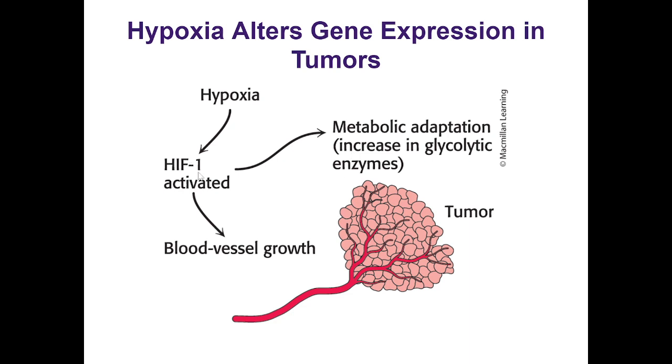This is then going to cause blood vessel growth so that we can have more supply coming in. But also it's going to cause metabolic adaptation. This is going to increase your glycolytic enzyme activities and the amount that you have of them, of course. And this is going to allow your tumor to, one, have more blood vessel growth in the area so you can get more and more nutrients, and two, to activate so that when it's low on oxygen, it can still get energy and make the metabolic pathway derivatives it needs.